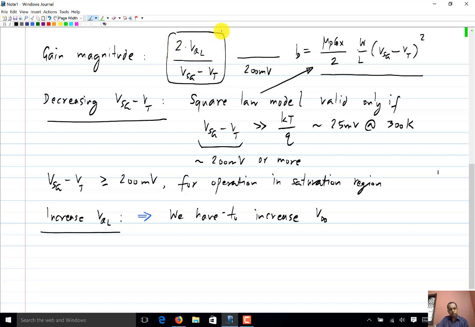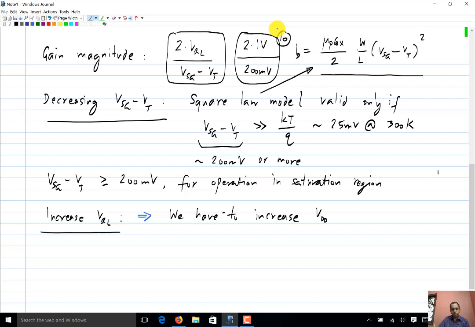So the numerator must be 2 volts in order to get a gain of 10. So VRL should be 1 volt. Now in this case, the total supply voltage has to be 1 volt plus 200 millivolts or 1.2 volts, which is quite small.